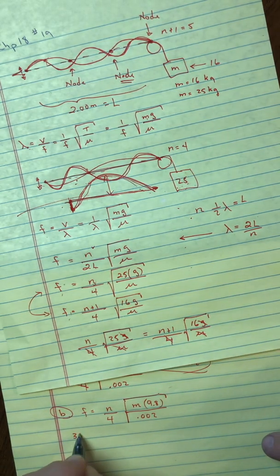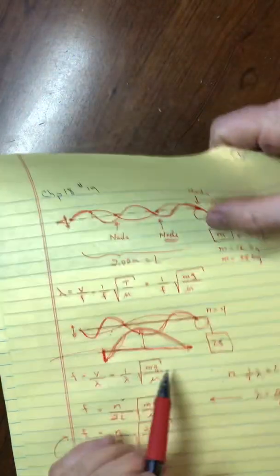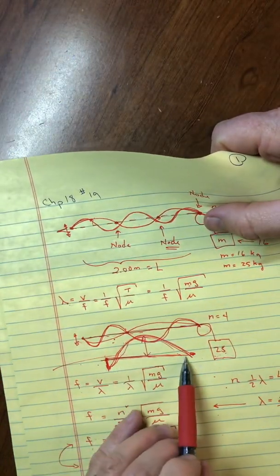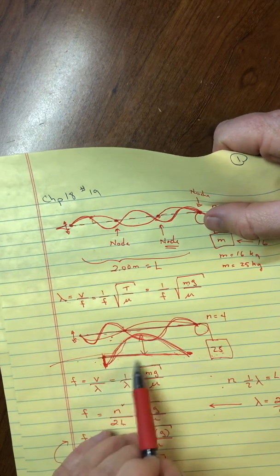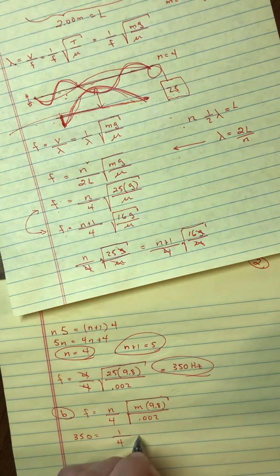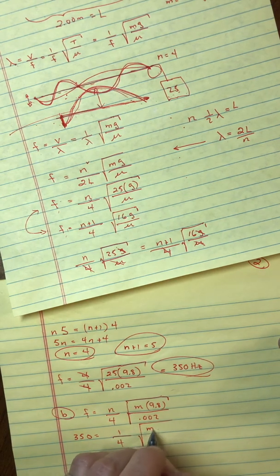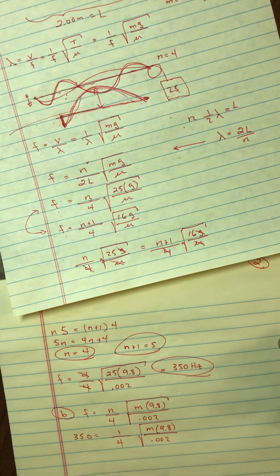So this is 350. And conceptually, coming back to this, I know that we're talking about making this whole thing right here the one hump. And so n equals 1. Okay, so 1. And then what mass is needed to do that? And then solve for that mass.